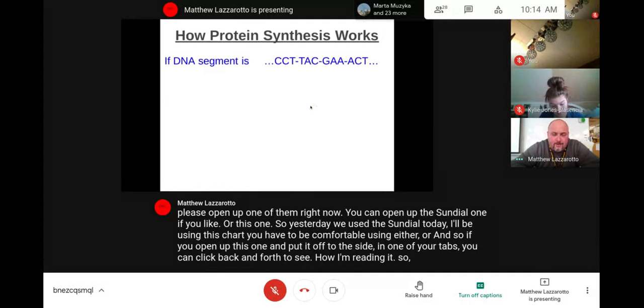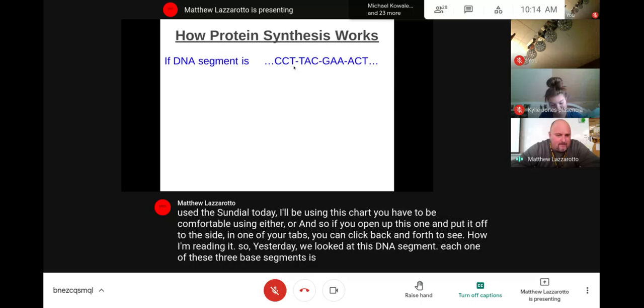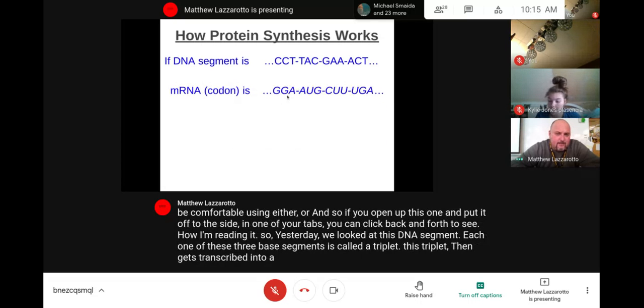So yesterday we looked at this DNA segment. Each one of these three base segments is called a triplet. This triplet then gets transcribed into a codon. A codon is a three base segment of messenger RNA.